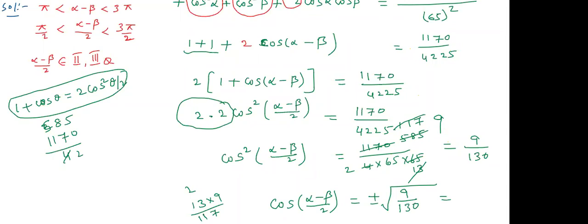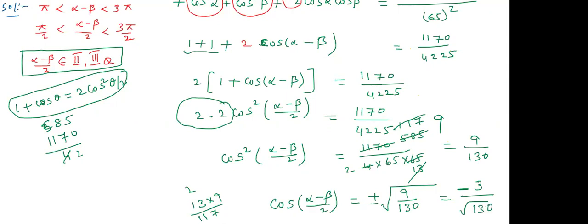What we want to take, plus or minus? See here, that's why I calculated here. Alpha minus beta by 2 belongs to second and third quadrant. In second and third quadrant, cos is negative. So finally here write that minus root 9 means 3 divided by root 130.